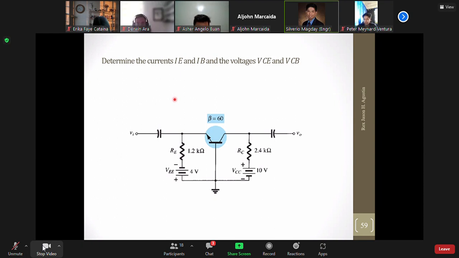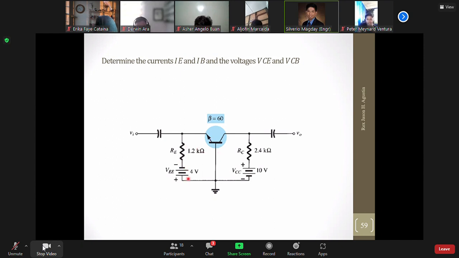Baka imagine mo, try mo lang i-mirror ito. I-mirror mo siya para mas madali. Or simple KVL nga lang din siya. Diba dito? O pag ganun ka na KVL.